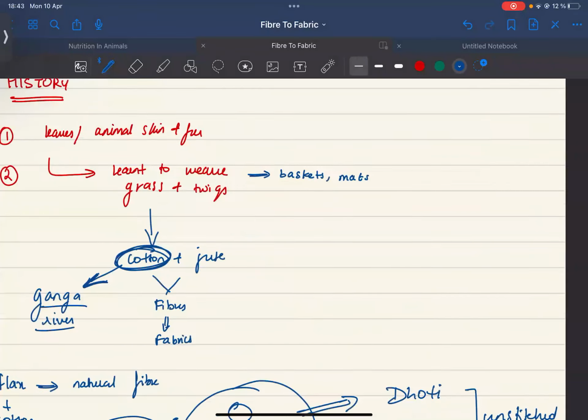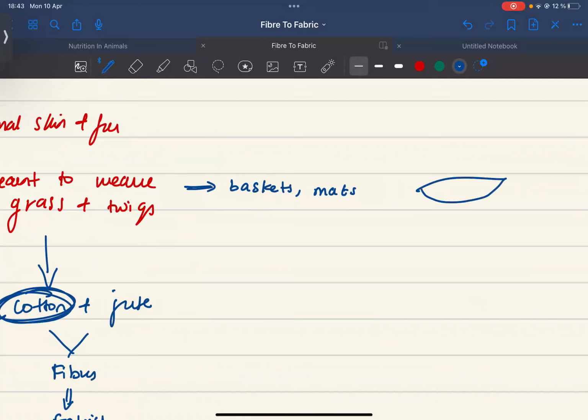What they did is, for example, this is a leaf. They take a leaf as a base and make a hole in it. You can make holes with pointed twigs. They have hairs of animals, twines, bamboo twines, and if you go to the road anywhere, you have grass also.